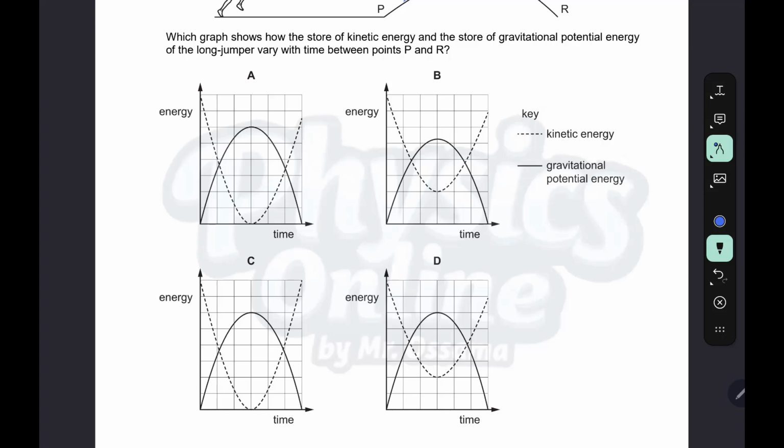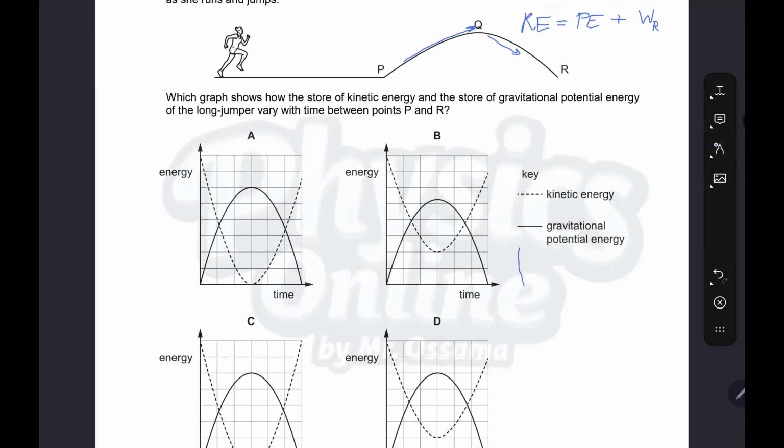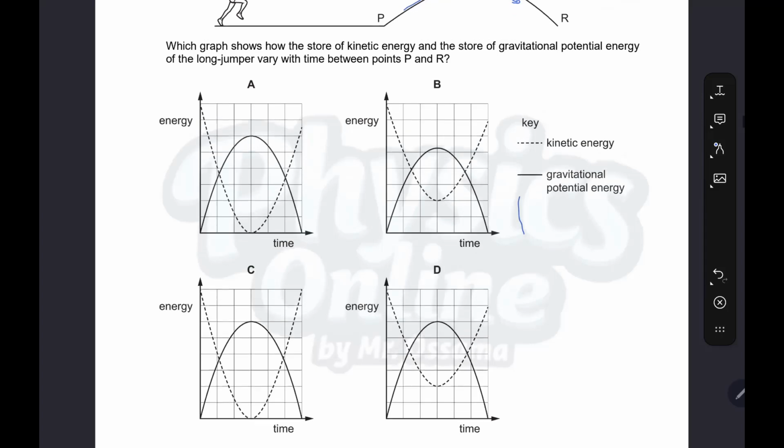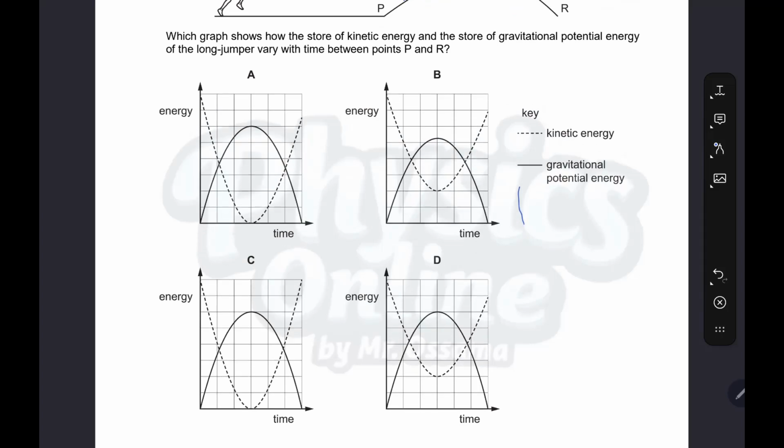What is the difference between B and D? In graphs A and C, the kinetic energy reaches 0, which is not correct, but in graphs B and D it does not reach 0, which means there should be some energy to overcome the work against air resistance.